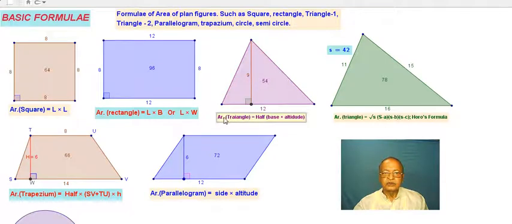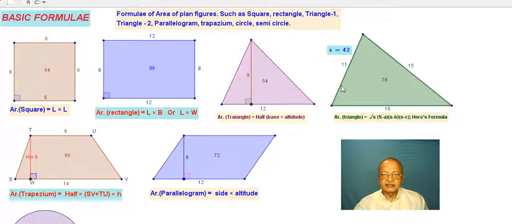Now, area of triangle is equal to half base into altitude. So, we will first find the product of these two and then make it half. 12 nines are 108. Half means divided by 2. So 108 divided by 2 is 54 square unit.